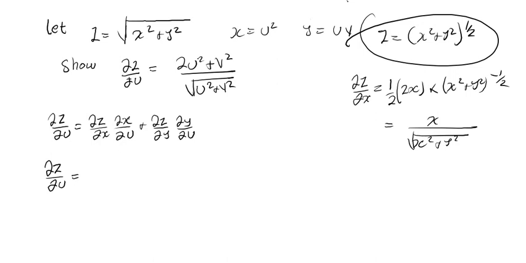Hence, the partial of z with respect to y is just going to be y over the square root of x squared plus y squared, like that.